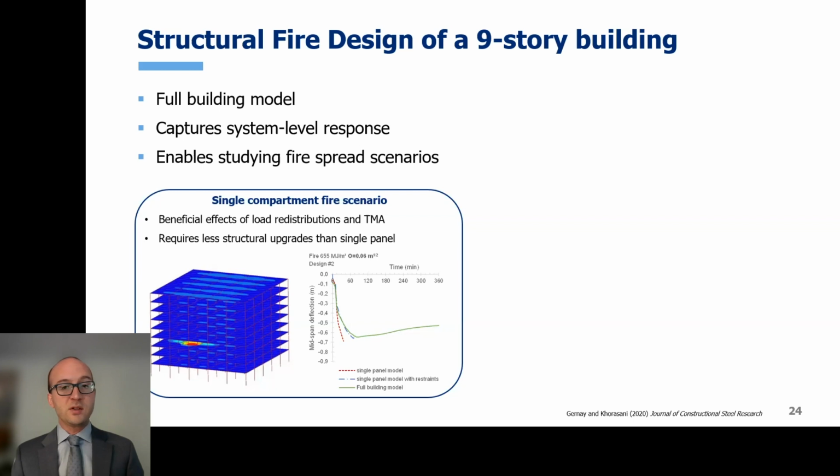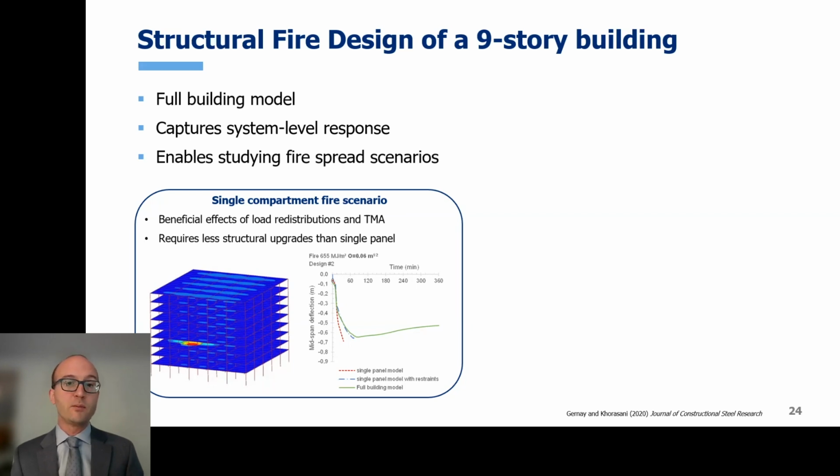Next, after this pre-design stage, we move to the entire structure, and we're able to model the building. With this entire system, we actually have a simulated response which is more favorable than with the single panel. The reason is that we have even more restraint and more redundancy when we look at the entire building.